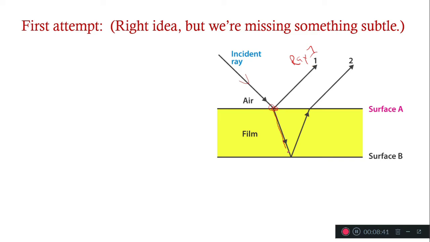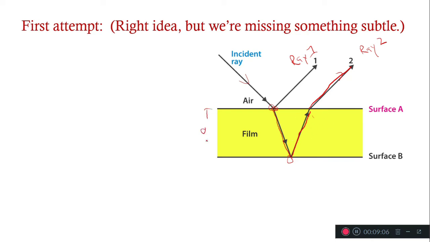The ray goes into the film, makes it to the film-air boundary and reflects. It comes back. It actually reflects again, but we don't care about that. Then ray 2, which eventually makes it to our eye, will refract out of the film-air boundary and make it out. So the first thing to realize is that this one has traveled an extra path length difference.